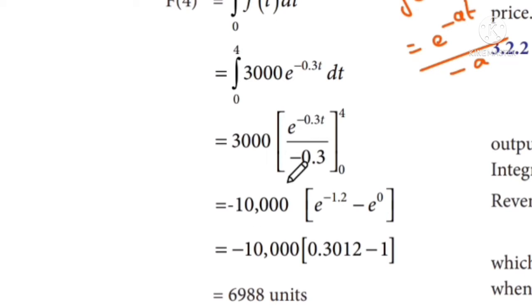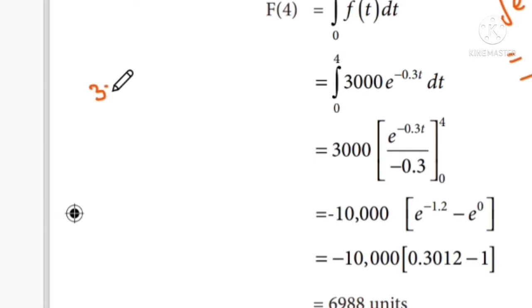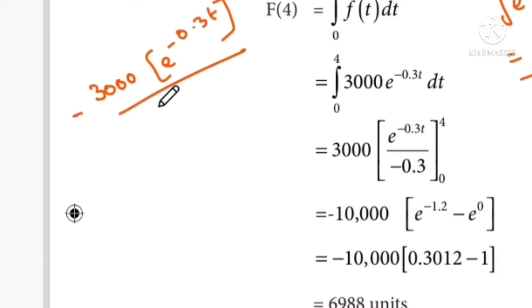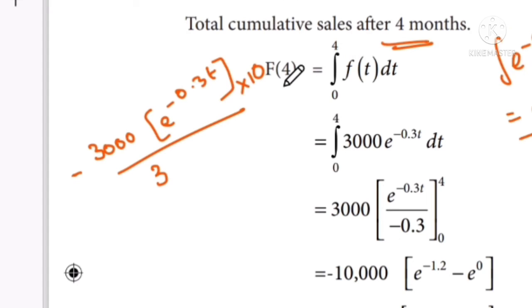You can write it as 3000 e power minus 0.3t by 0.3, with a minus sign. 0.3 you can write as 3 by 10, the 10 goes up. So 3000 into 10 will become 30,000. You can cancel the 3 and 3, so it becomes 1000 into 10, that is 10,000. You have a minus sign.